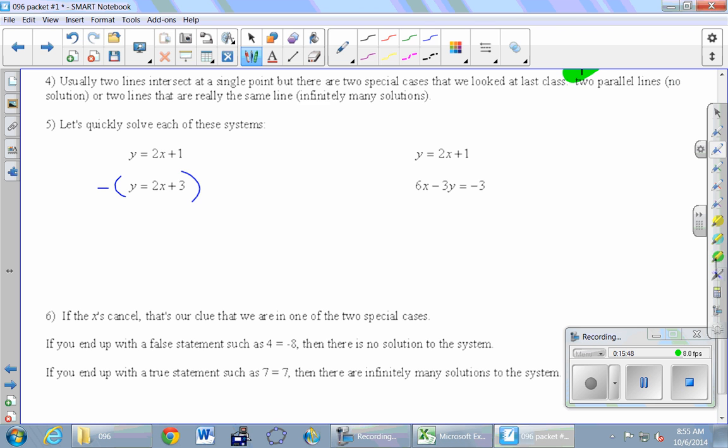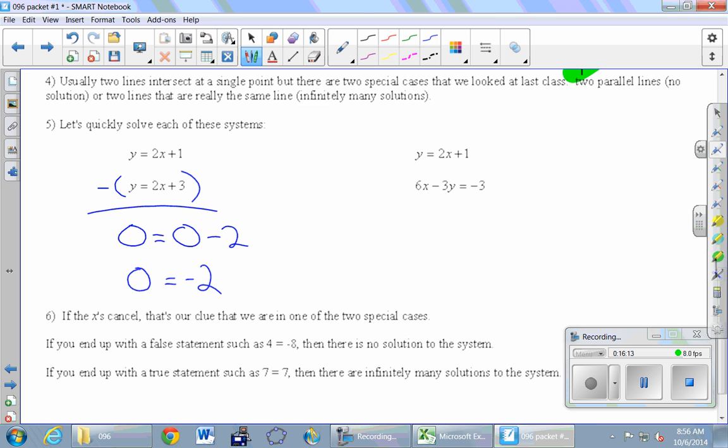They cancel. Y minus y is 0 equals, what happens with the x's? They also cancel, and then 1 minus 3 is negative 2. So in this case, we get 0 equals negative 2, which is a surprising thing to see a math teacher write.